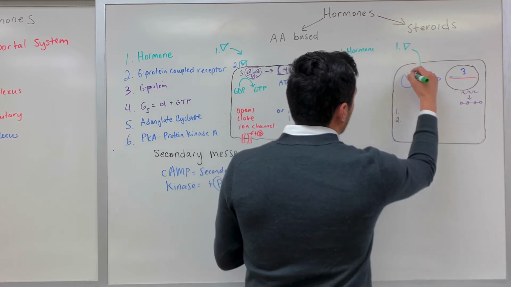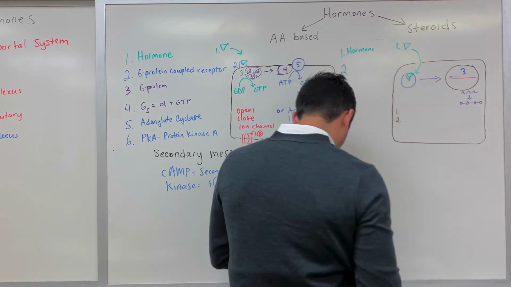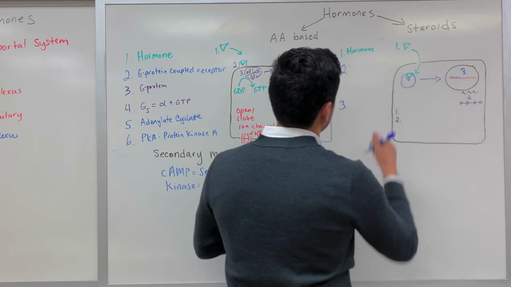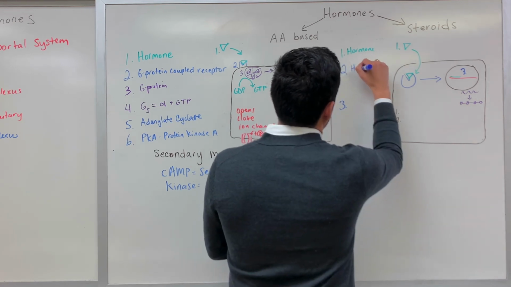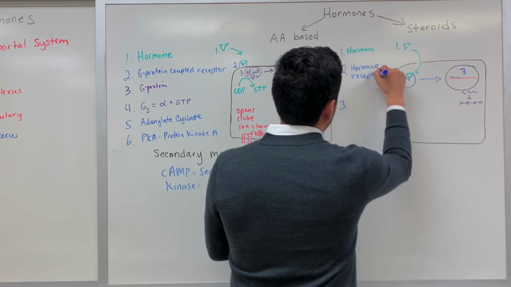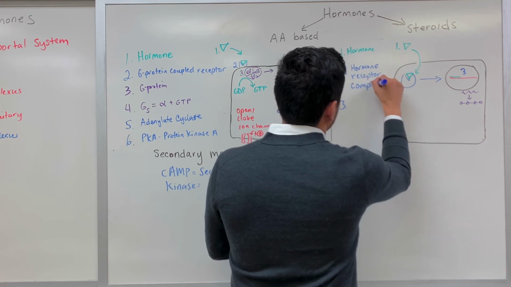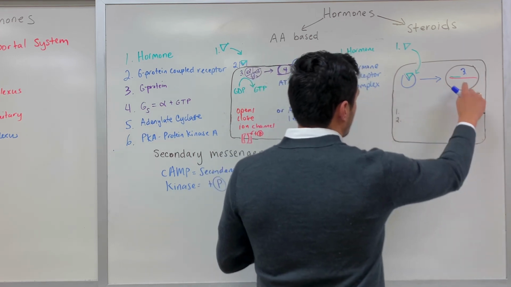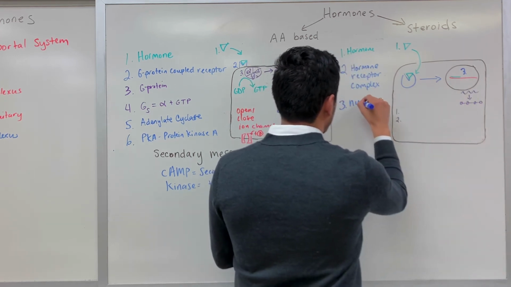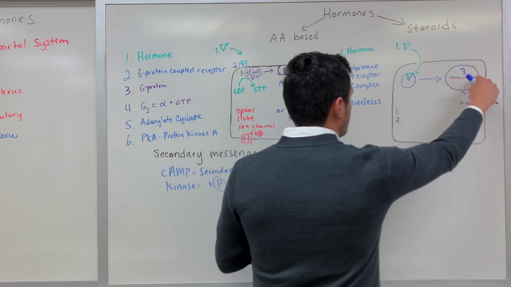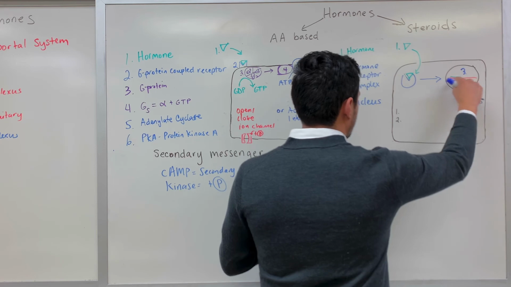The hormone will bind here to its receptor, and then it forms what's known as our hormone receptor complex. The formation of this hormone receptor complex gets translocated here to number 3, the nucleus, and this is what's representing DNA here.